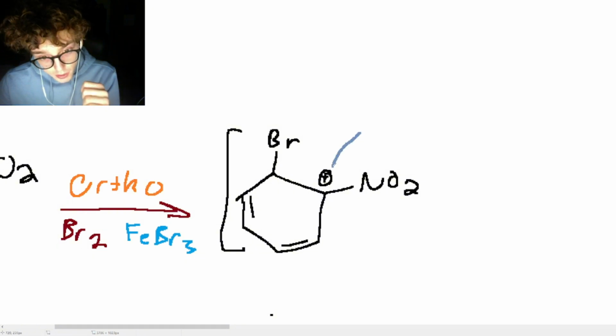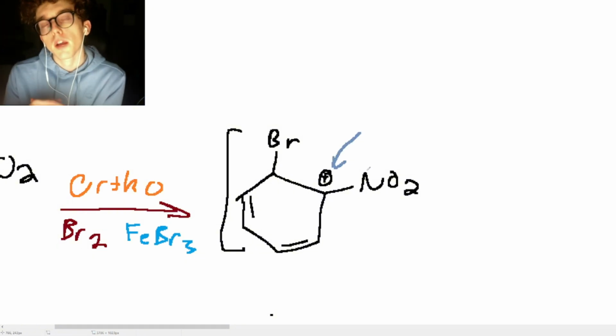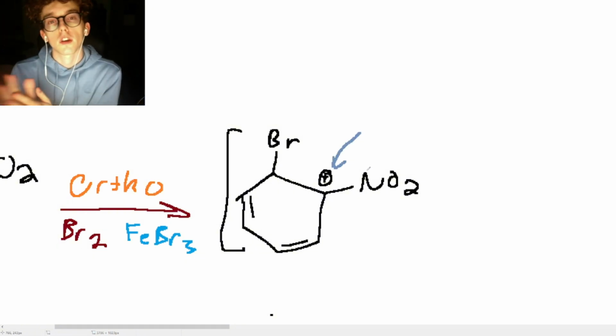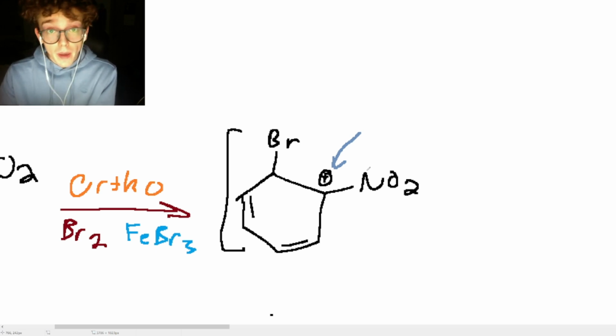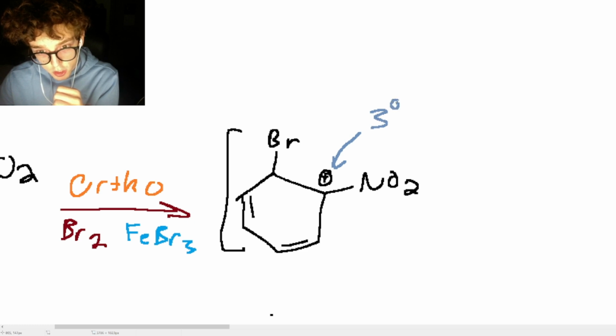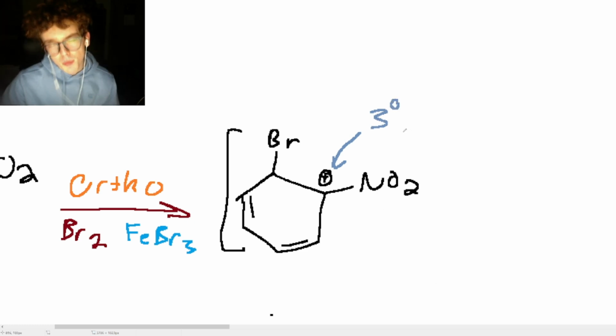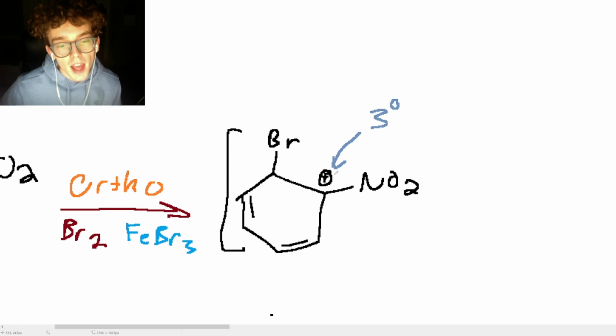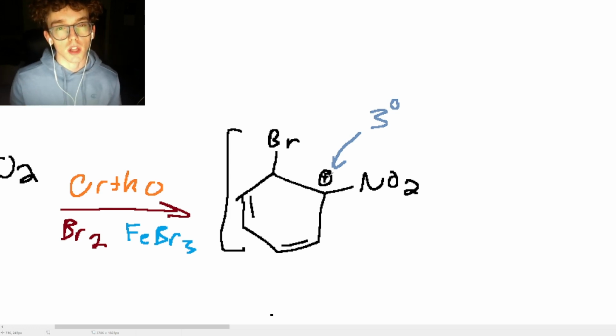You're going to look at this and you're going to say, okay, is this a primary, secondary, tertiary, quaternary carbocation? Well, we know that this is a tertiary carbocation, but what is it actually connected to? We know alkyl groups are electron donating. They allow hyperconjugation of those electrons.